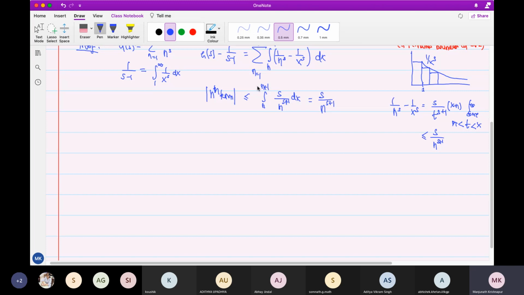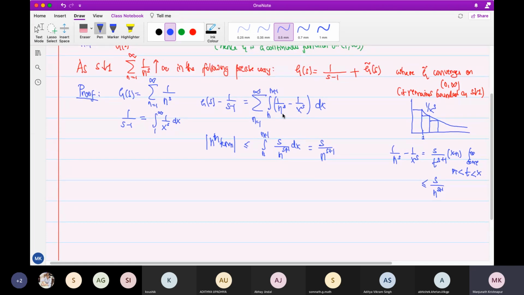So you get a bound for the nth term, and what you see is that this has an extra plus 1, because of the derivative. And that's what makes this fine for all s positive.